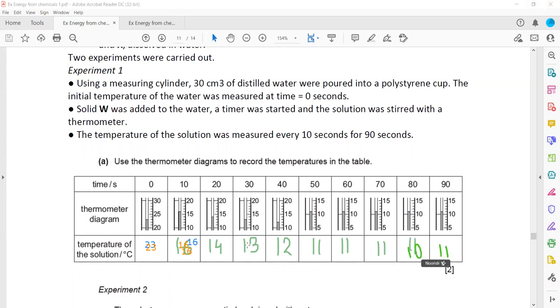So these are the temperature values 23, 16, 14. So what we are observing, the temperature of the solution is decreasing. If the temperature of the solution is decreasing till this point, what can we conclude? Reaction is endo or exo?